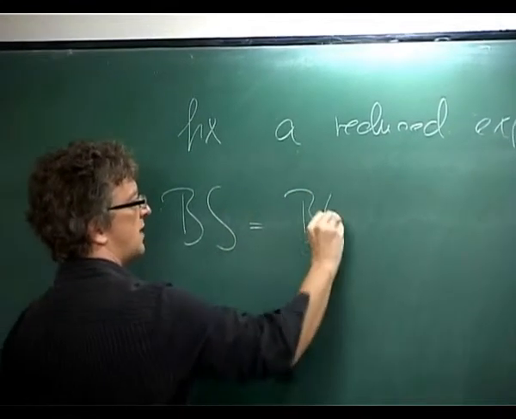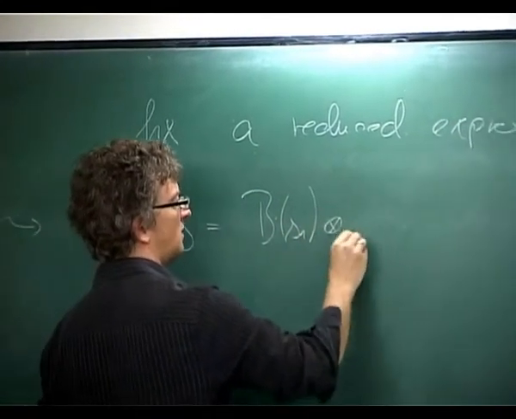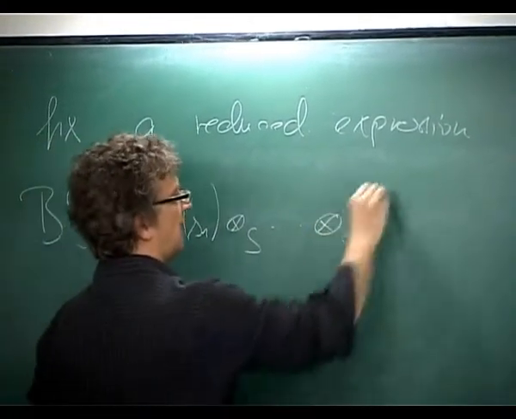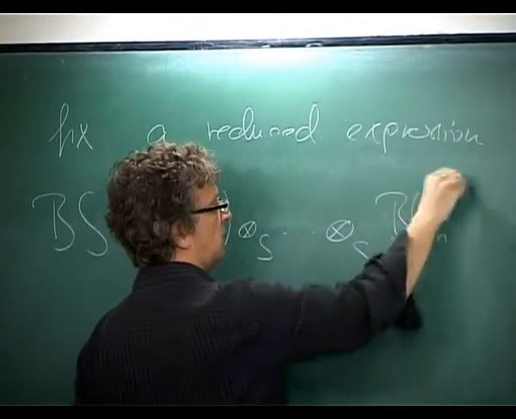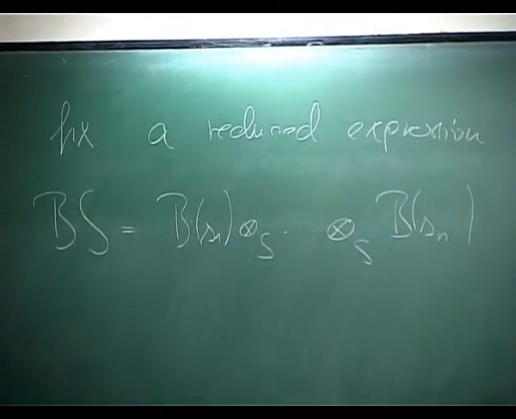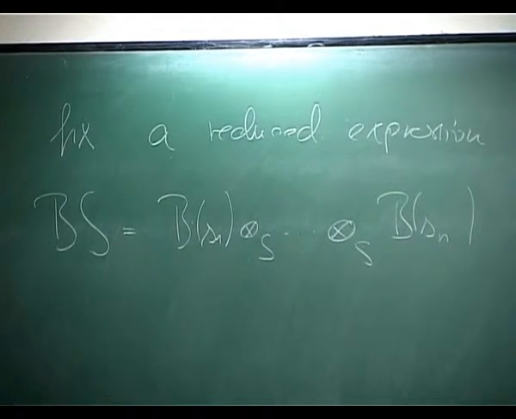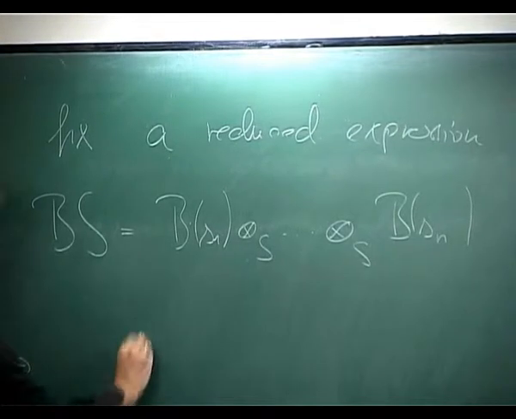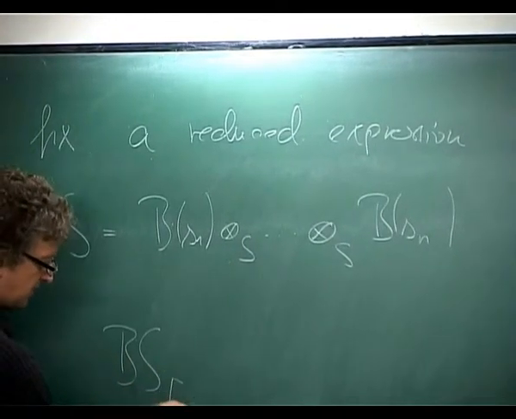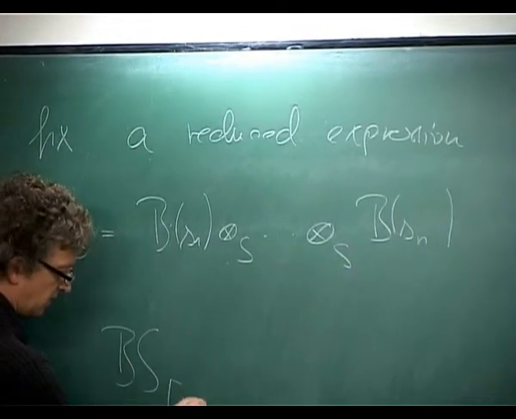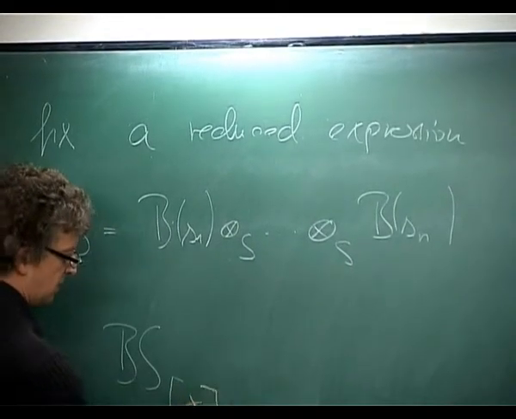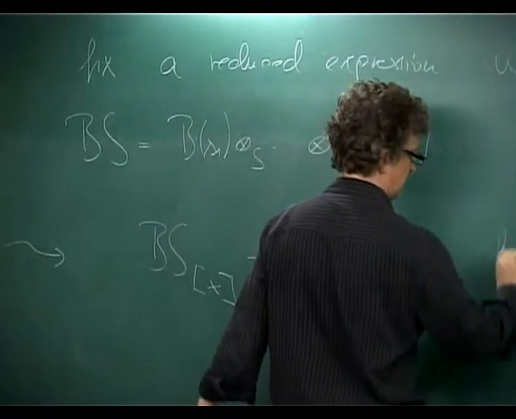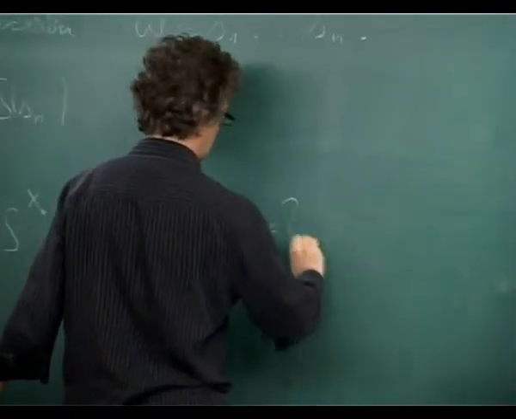As a reminder, this is just the tensor product of the Soergel bimodules corresponding to these simple reflections. This is a Bott-Samuelson module, and as before, this yields a map from this submodule X to the stalk of the Bott-Samuelson module for any x in W.